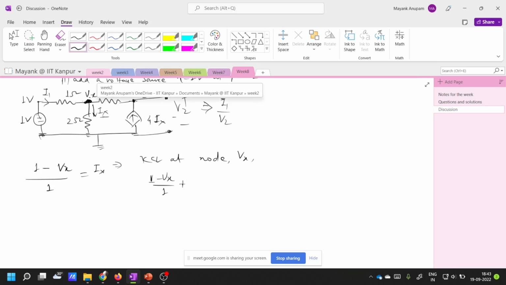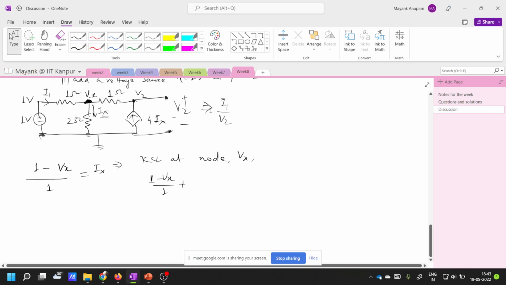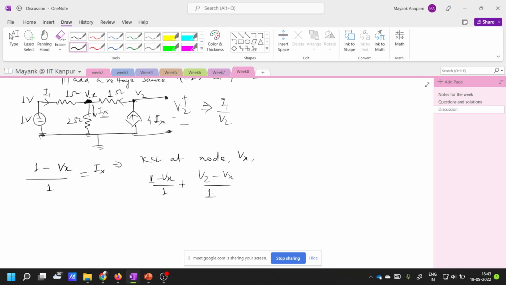So this current is entering, V1 minus Vx by 1 ohm. And what is this current which is entering at this point? It is V2 minus Vx by 1 ohm. And this should be equal to what? Ix, which is Vx by 2 ohms, right?